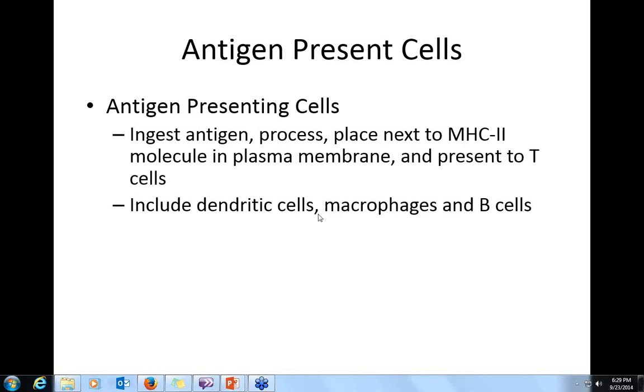Some antigen-presenting cells include dendritic cells. Again, these are found in the epidermis and in mucous membranes. Macrophages. These are phagocytes. And then B cells. Some B cells can act as antigen presenting cells.